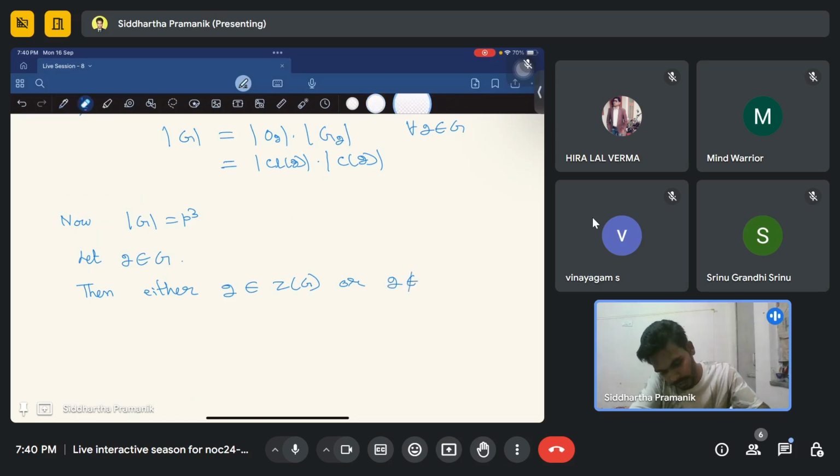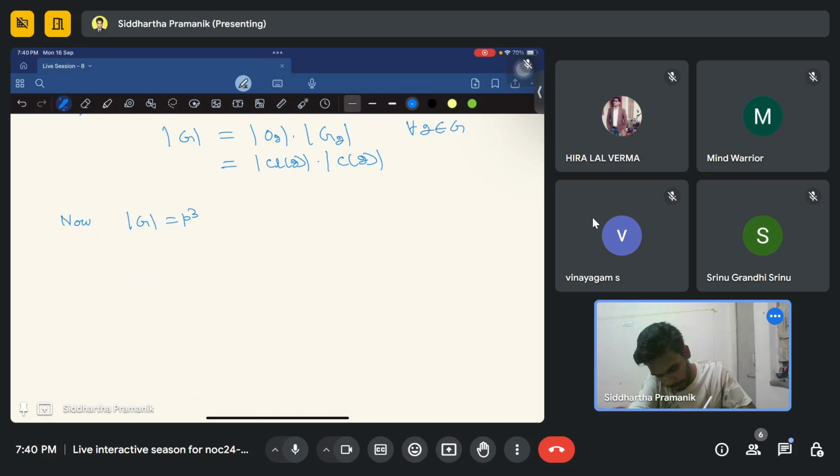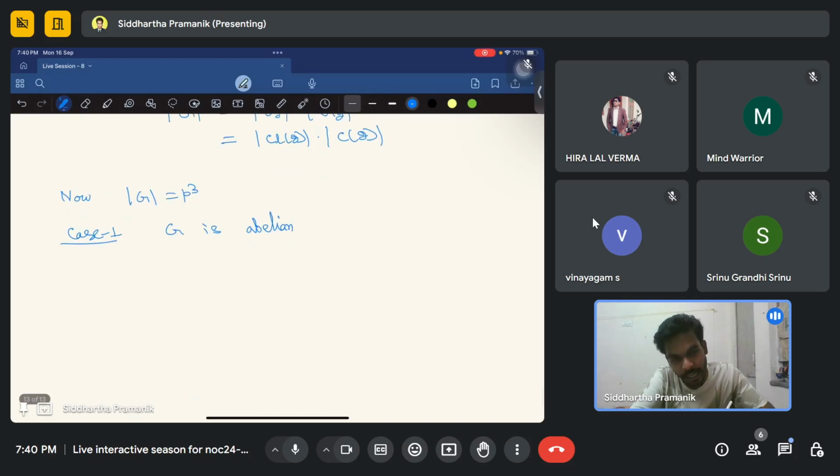Before that, let me do two cases. Case 1, G is abelian. So if G is abelian, then G equals Z(G).